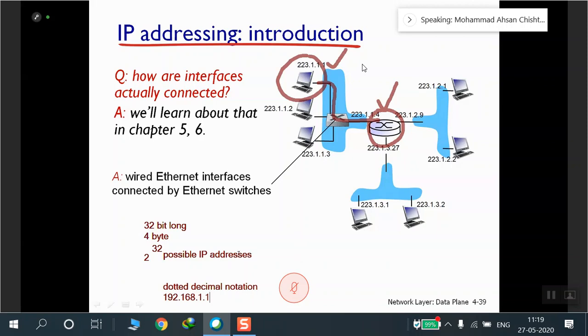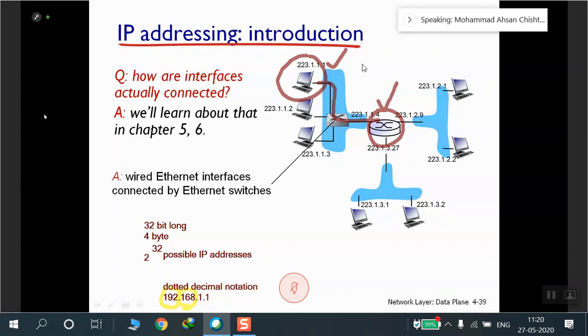Within this, you will see that each byte, say 192 here that I have encircled, is written in its decimal form, and each byte is separated from the other byte by a dot or a period. 192 here is the decimal equivalent of the first 8 bits of the address.